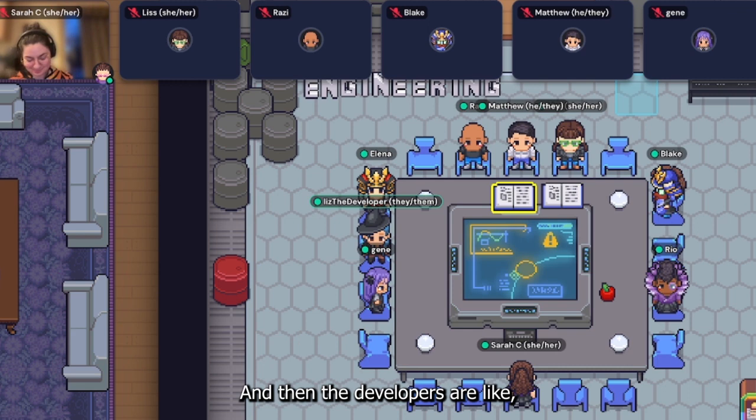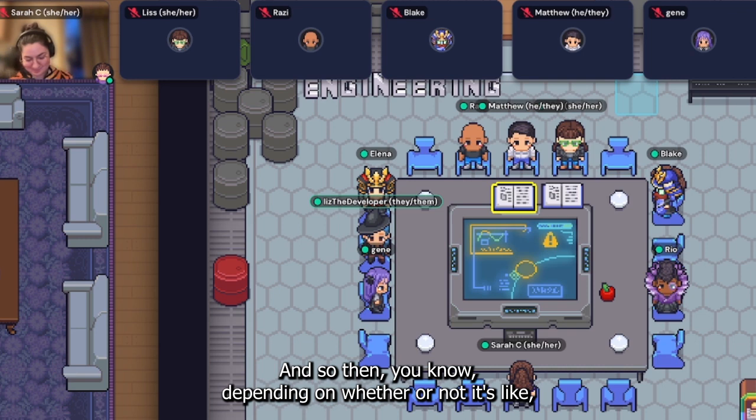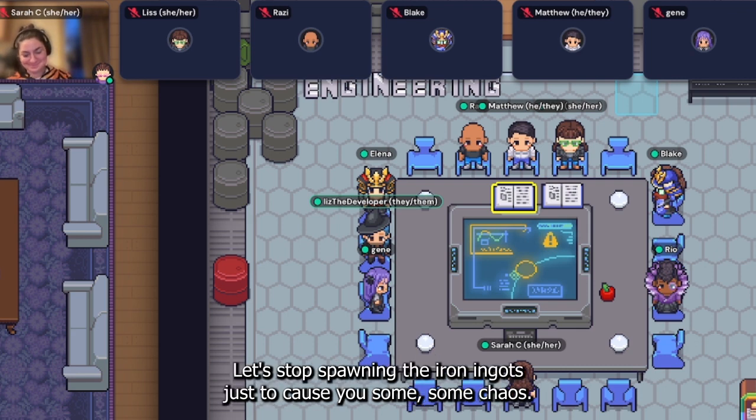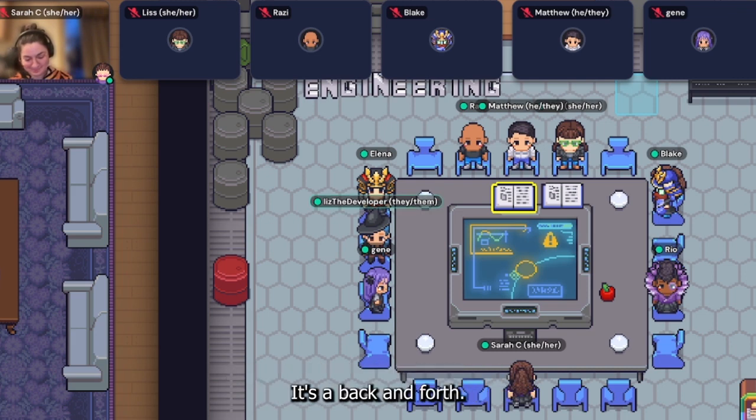And then the developers are like, would that be an interesting thing for the game or not? And so then, depending on whether or not it's like, oh, you've had a stranglehold over this part of the galaxy for too long, let's stop spawning the iron ingots just to cause you some chaos. And then they're like, no, and it's a dialogue, it's a back and forth. So this is how game designers actually do that stuff.